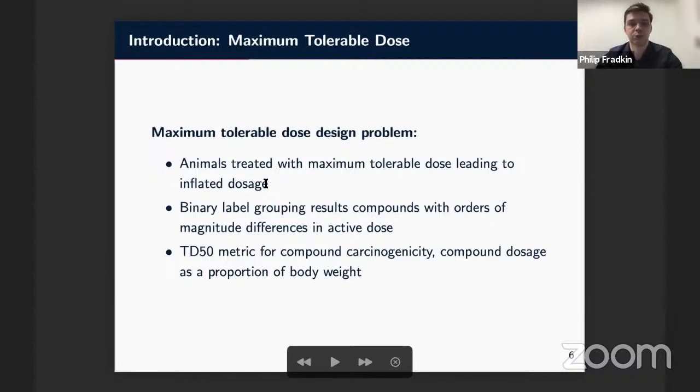If we were to group our compounds into two bins, carcinogenic and non-carcinogenic, it results in compounds with orders of magnitude differences in active dose being grouped into the same bin, and that leads to a loss of information. So instead, we can use the TD50 metric for compound carcinogenicity, which measures compound dosage as a proportion of the animal body weight.